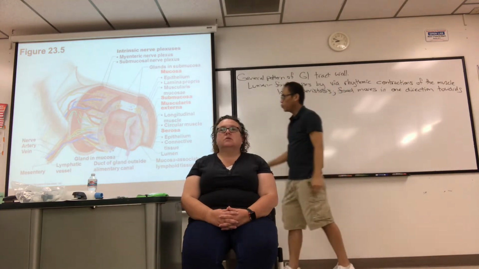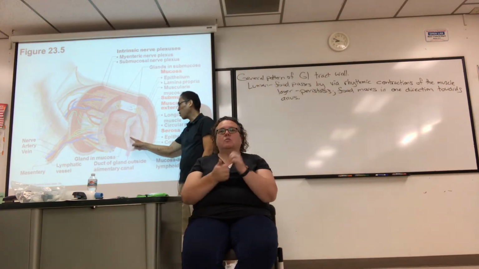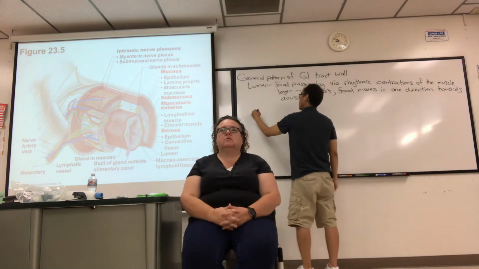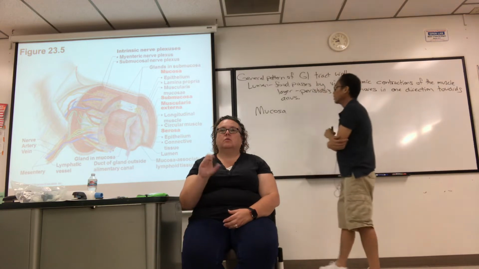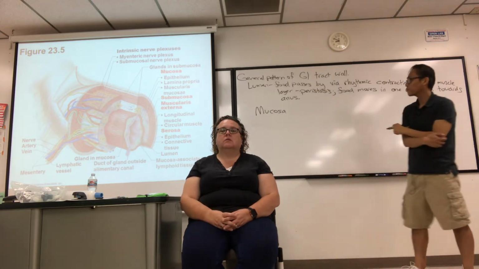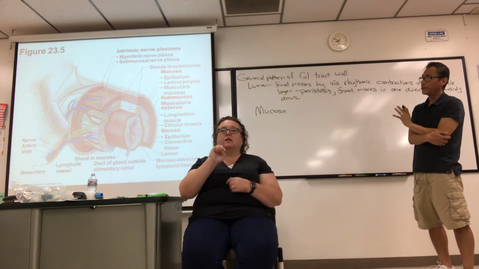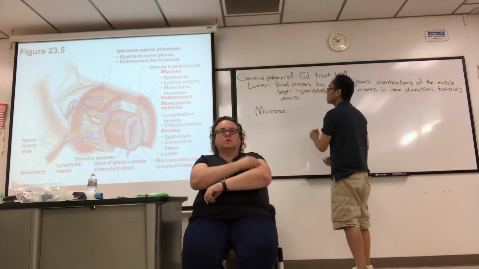Surrounding the lumen is the innermost part of the digestive tract, called the mucosa. The mucosa is comprised of an epithelium, a lamina propria, and it has its own muscle layer called muscularis mucosa.